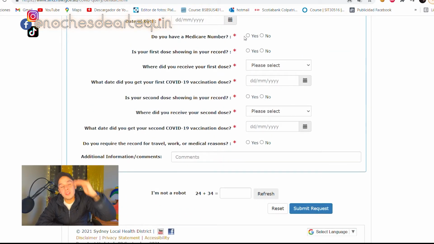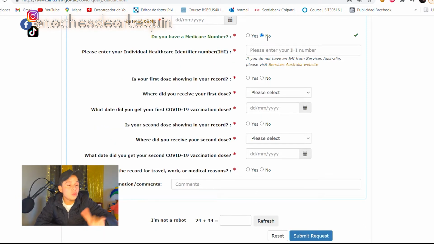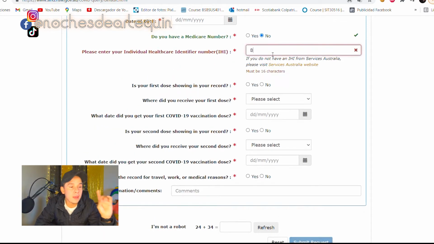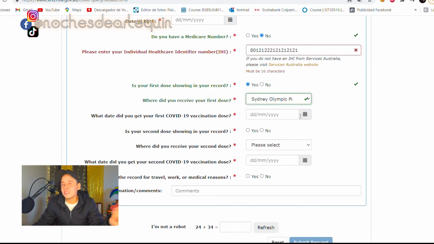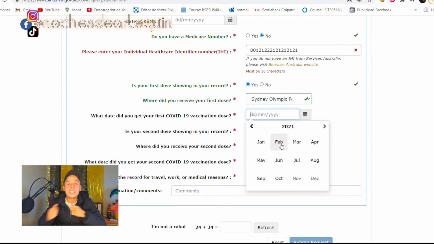The second step is I put this page in the boxes under here. And you have to put different information. It's very easy. It's very important here, you have to say you don't have the Medicare, then put the number for IHI, and after you put where your vaccination was. If you don't remember, because I know sometimes I don't remember the places, check your phone.